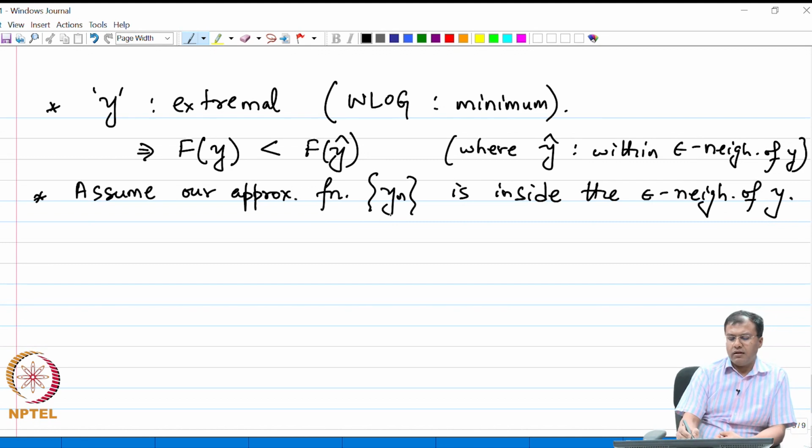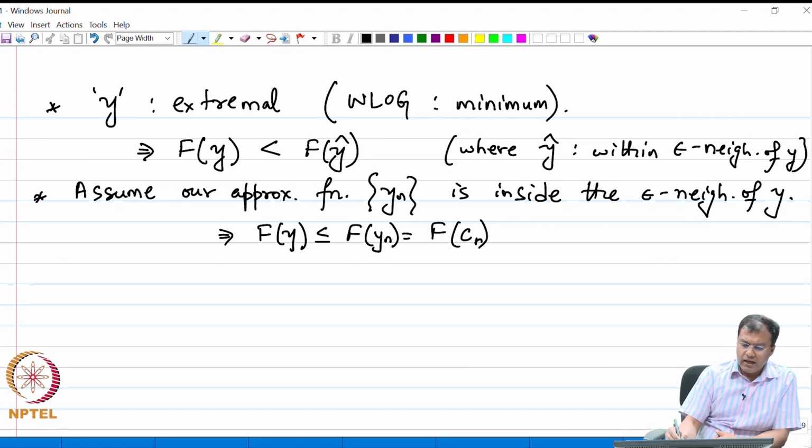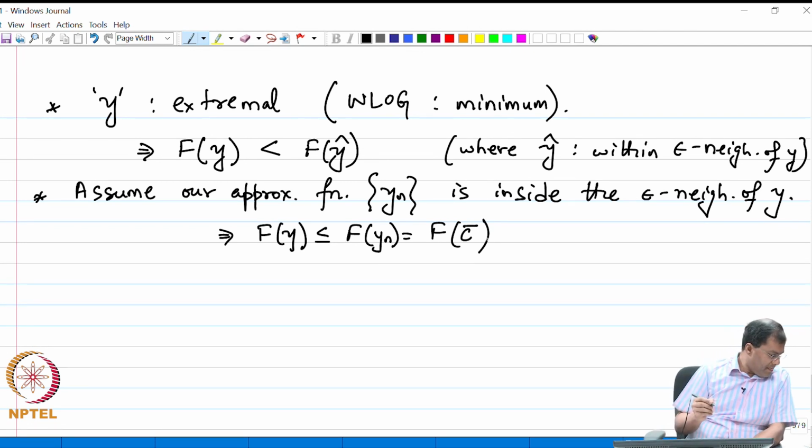Which means the approximation from the Ritz method is sufficiently close to the exact extremal. In that case, f of y is less than or equal to f of y n, which is the value obtained by evaluating the values of these C i's. Let me call this f n because we are approximating up to n terms.